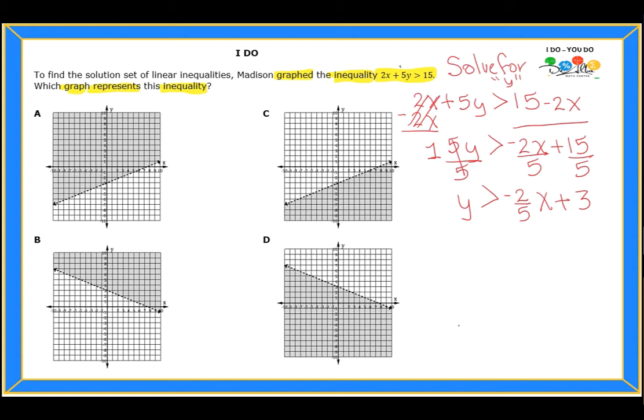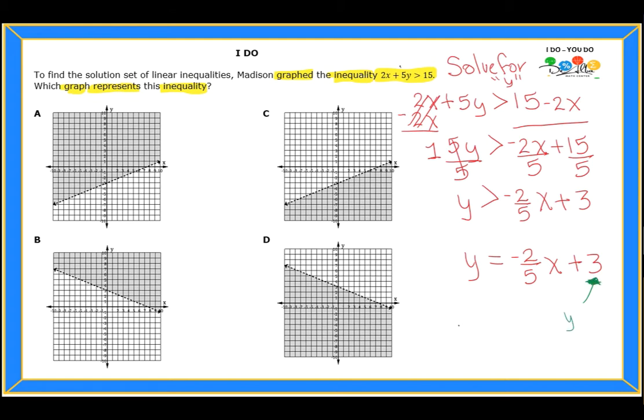So now I can see some of the features around here. I'm going to write down my inequality, but with an equal sign, so that I can compare that to what I know about the slope-intercept form. Okay, so are we ready? So who is this 3? What does the 3 represent?